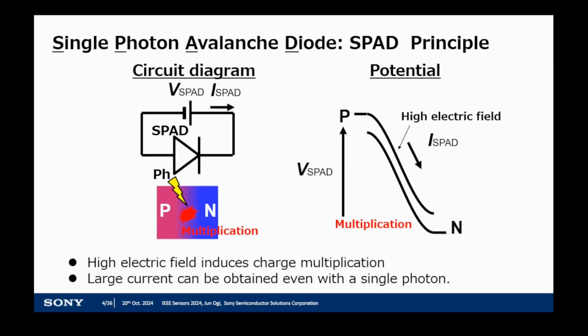A single electron or hole, which is induced by single photon absorption, is multiplied, and a large current can be obtained even with a single photon incidence.